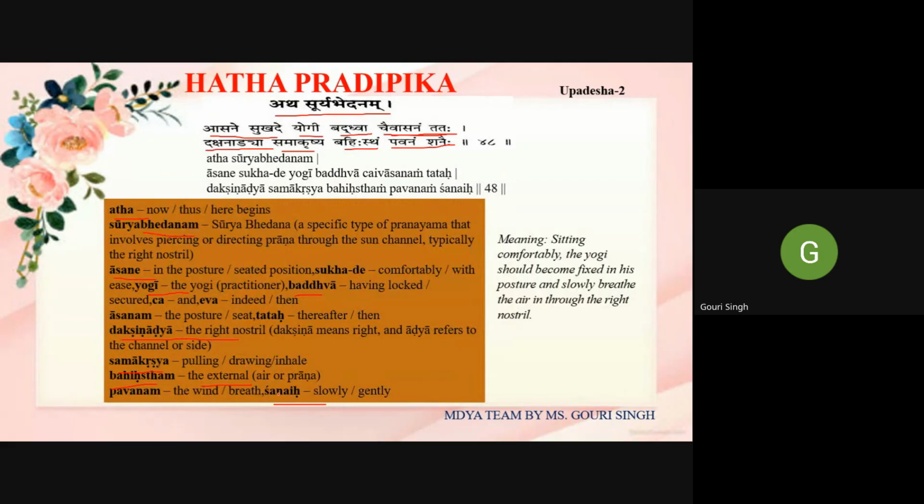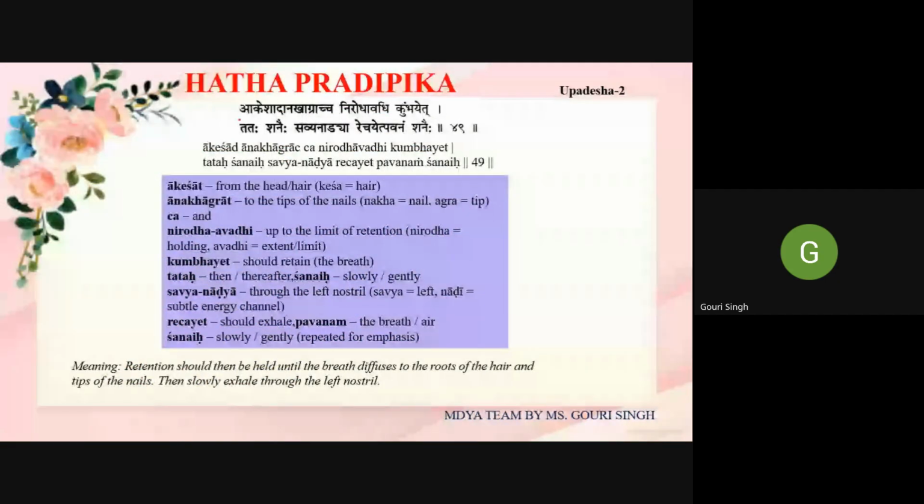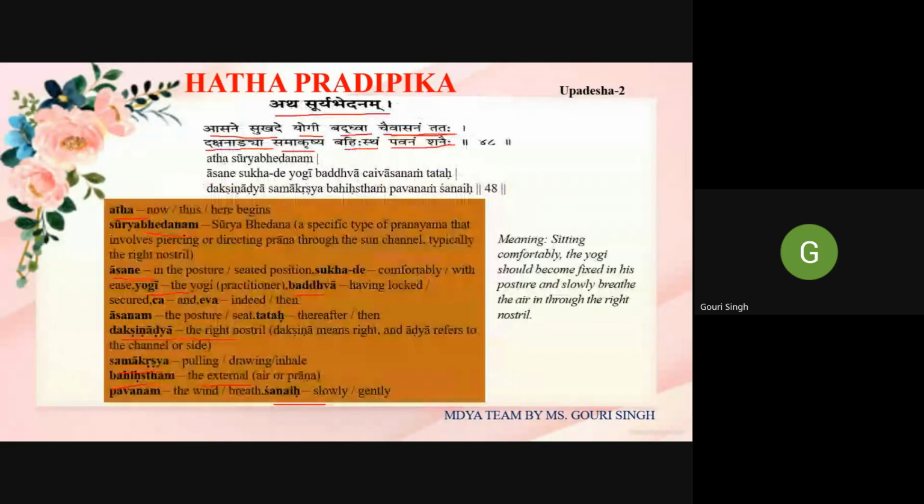Okay, then what is next? Akasat anakhagrata nirodha avadhi kumbhayet tatah shanaih, savya nadya rechayet pavanam shanaih. In this sloka he said you have to inhale through the right nostril.